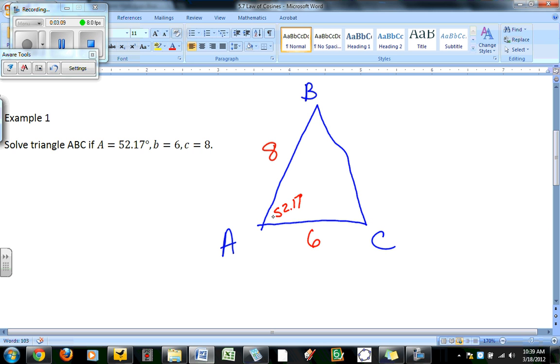We're going to solve for the side across from A, using the very top one that's listed. We're solving for little a. So a squared equals b squared plus c squared, which would be 8, minus 2 times 8 times 6 times the cosine of the angle 52.17 degrees. All we have to do is type it into our calculator.